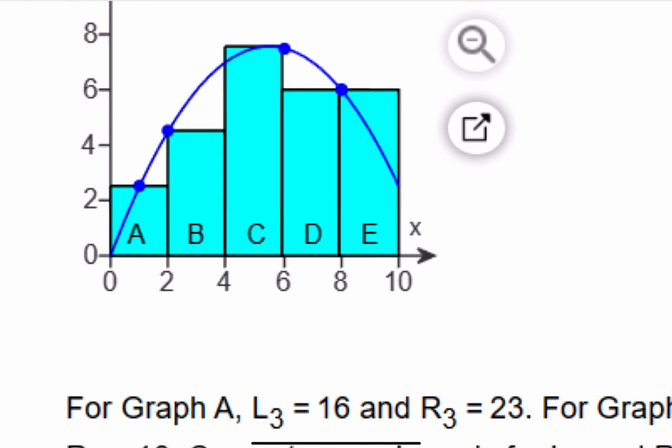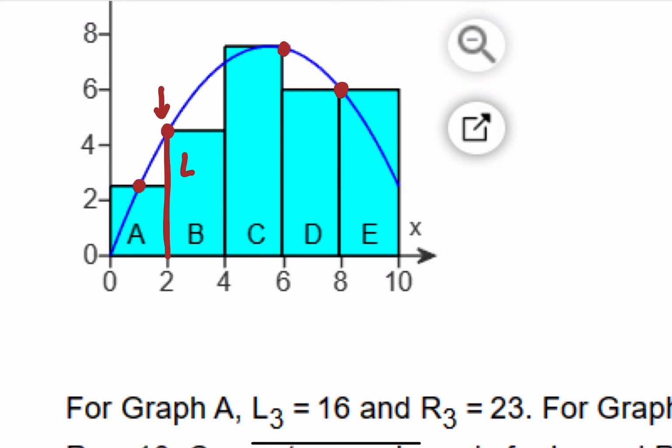I'm going to zoom this in. The function points are in blue: 1 function point, 2, 3, 4. Starting with this function point here, it is on the left-hand side, and it is also used as the height of the rectangle. So this is my left rectangle.